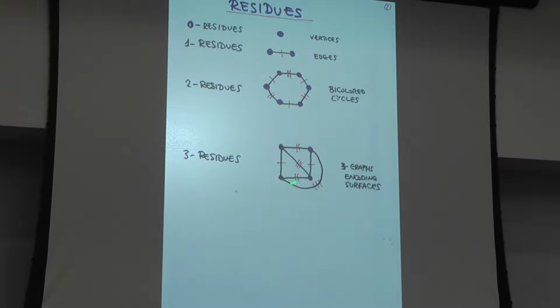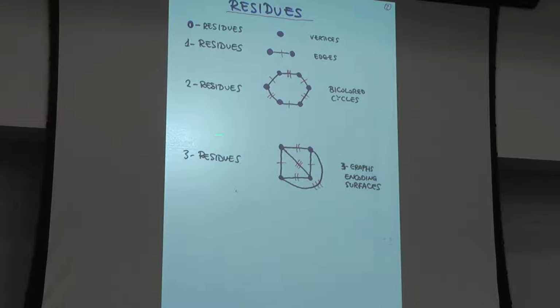But in any three residue there are only two disks attached to any edge, so any three residue together with the attached disks is a closed surface.